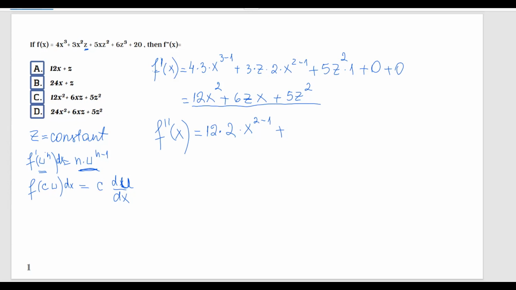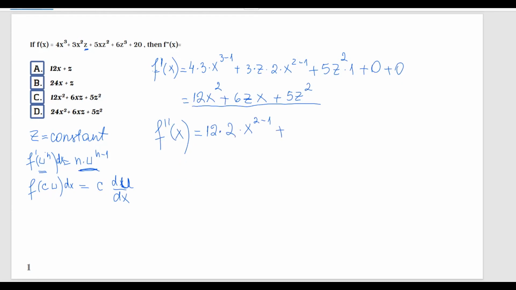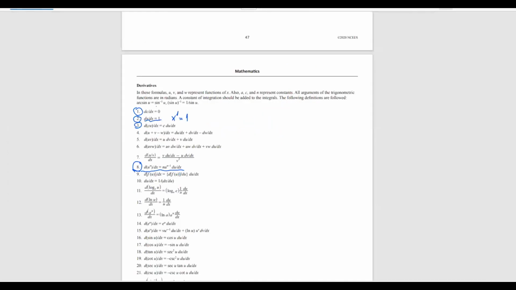This is the formula where we have a constant and a function, the constant comes in front, and then we have the derivative of that function, which in this case is x. The derivative of x dx equals 1. So here we just have plus 6z. Then this whole term is a constant, and the derivative of a constant equals 0, as we have in equation number 1.